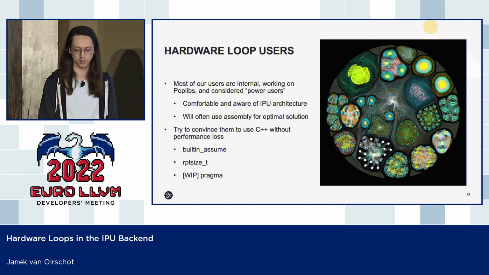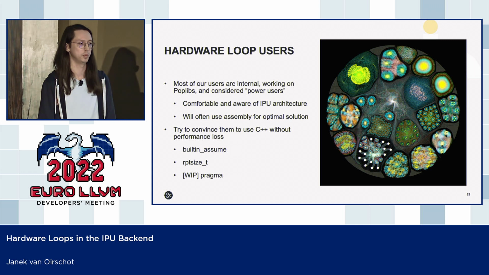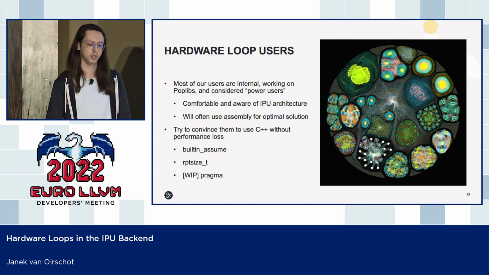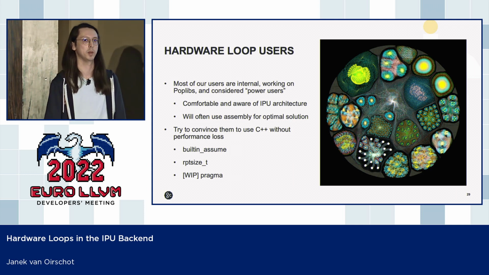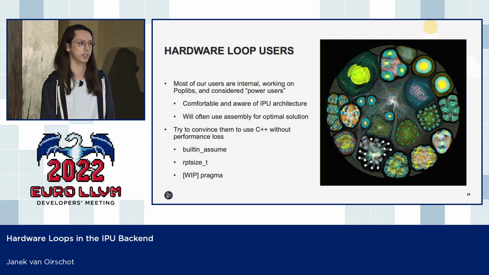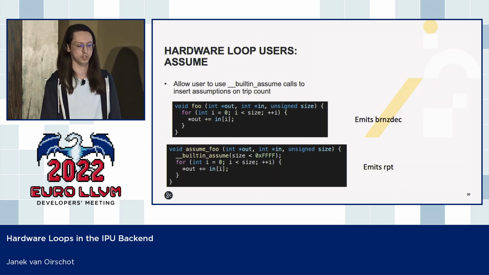So what we often see is that they would use C++ in conjunction with some calls to assembly that they've written. And we try to convince them to use C++ instead of writing assembly. So we provide some options for them to still get these hardware loops in case they use C++. So one of the options is the assume.